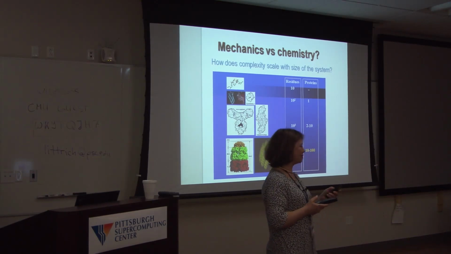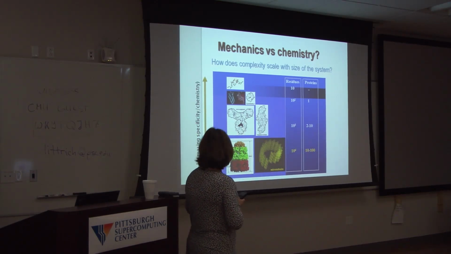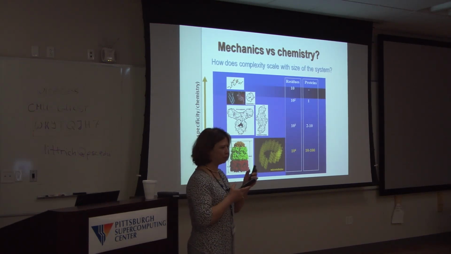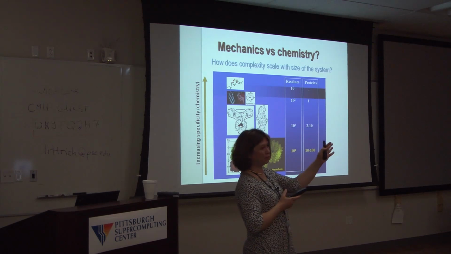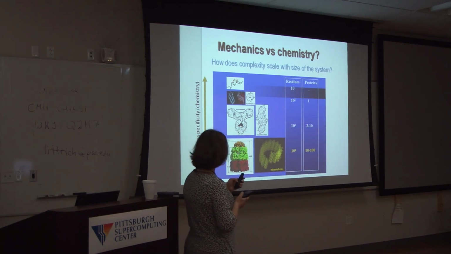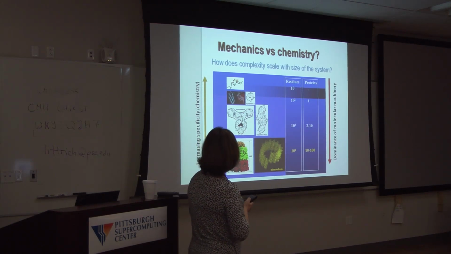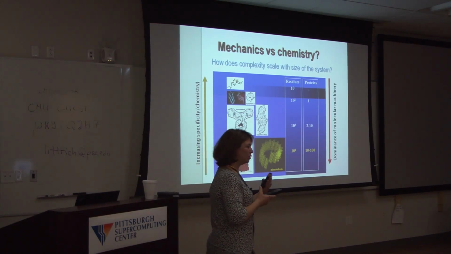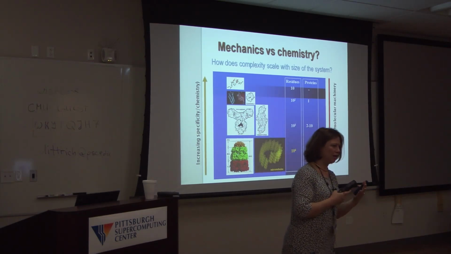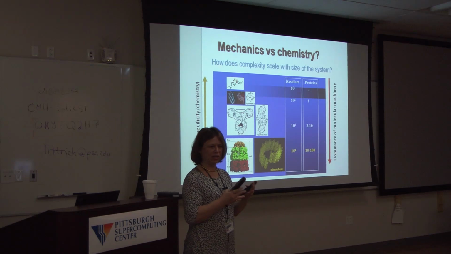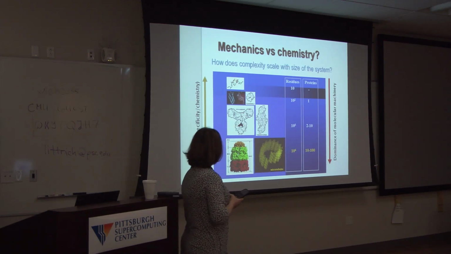Chemistry. Chemistry is important. As you know, you have increased specificity, and you have to put in all the details, even quantum mechanical, quantum chemical. Not mechanical, chemical. But if you go in the opposite direction, gradually the chemical features become less and less important. You have the overall architecture that matters and the overall mechanics.